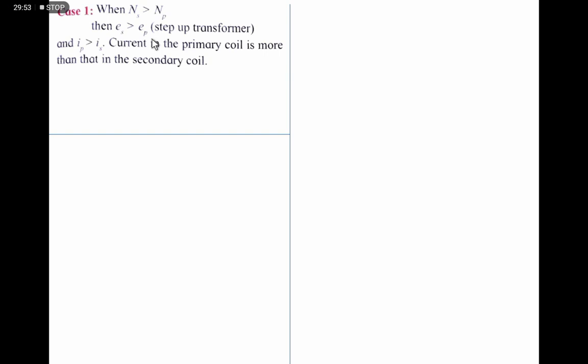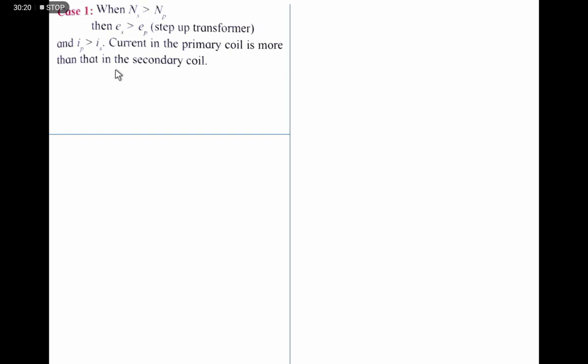If the EMF is more, the current will be less. Therefore, current in primary will be more as compared to the current in secondary. This is the step up transformer. In step up transformer, current in primary will be more as compared to the current in secondary.